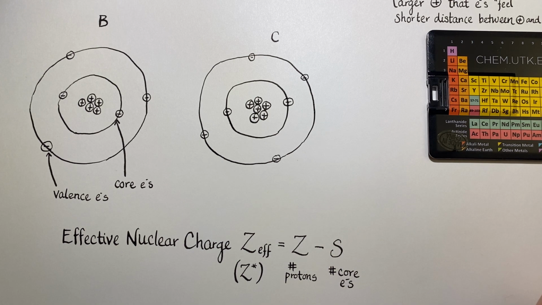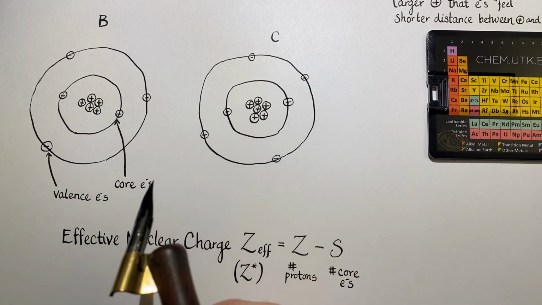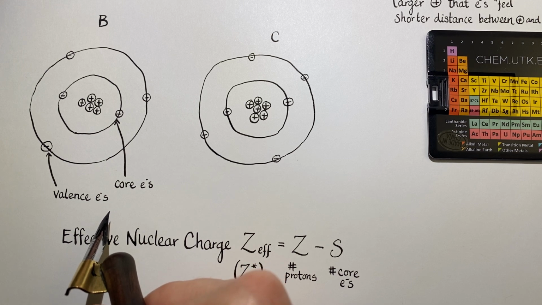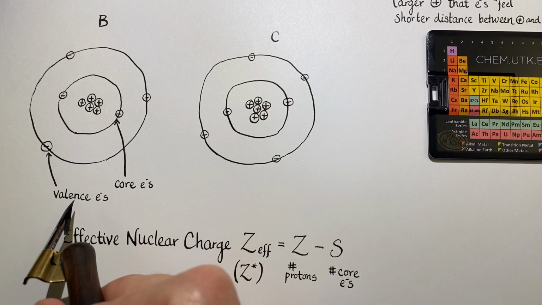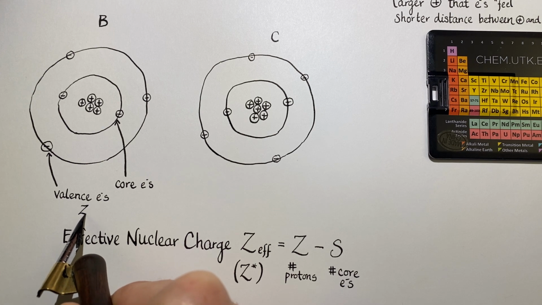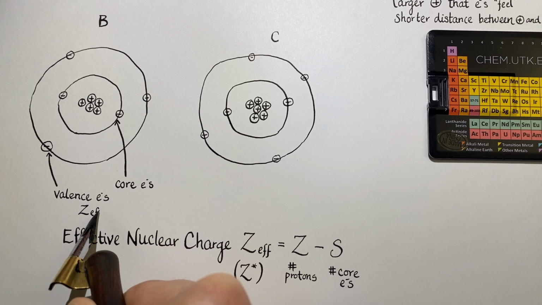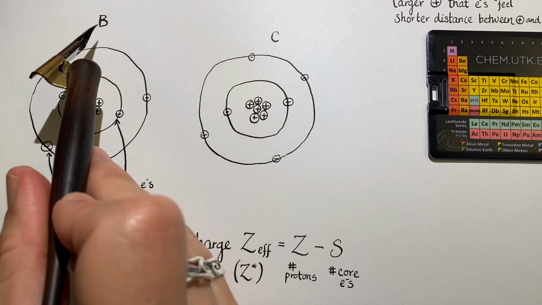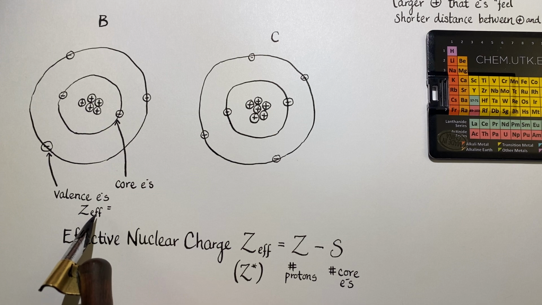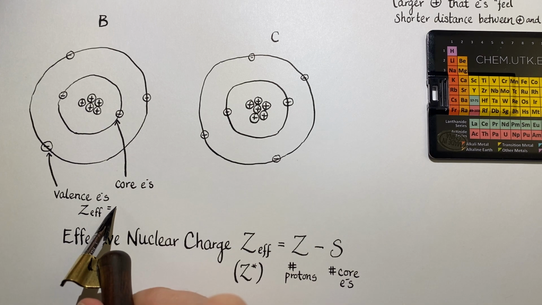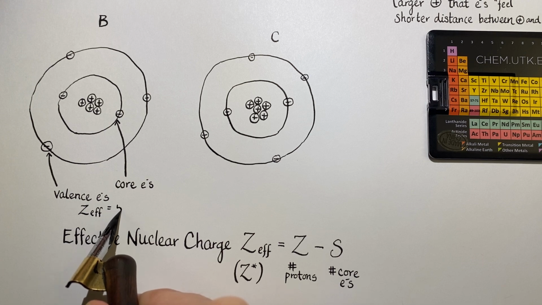Okay, so for boron, let's see, where do I want to do it? I don't have enough room here. I guess I'll do it down here below. Effective nuclear charge for boron. We start with the atomic number of protons, which for boron is 5.